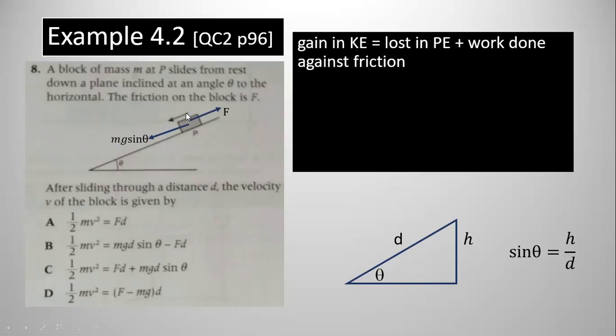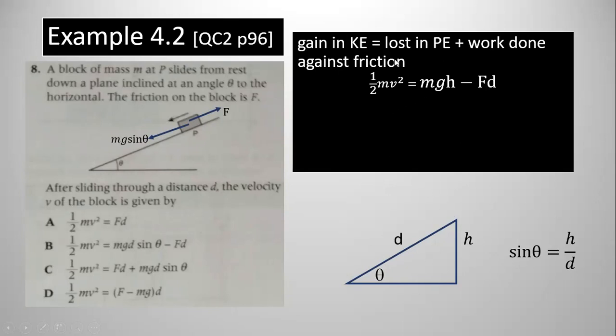So basically, at rest it has no kinetic energy. When you move down a height h, you gain kinetic energy and lose potential energy. This is summarized in this triangle: there's the height, there's the distance moved, there's the angle theta, and the relationship you must know, sine theta is h over d.